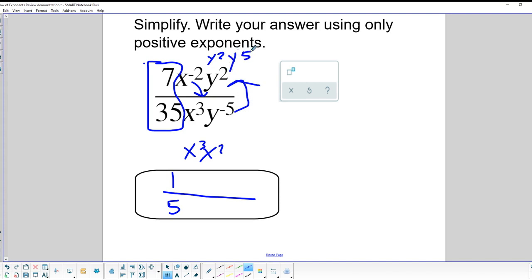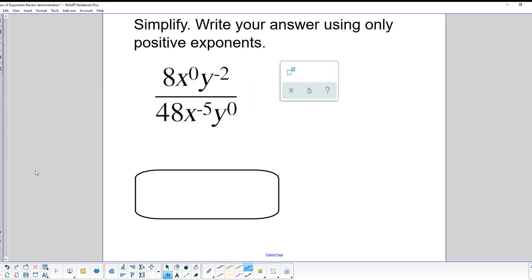So what does that look like down here? So we end up with y to the 2 plus 5, which is 7 power on top, and we end up with x to the 3 plus 2 power, or 5 power on the bottom, and that's going to be our simplified version of that algebraic fraction. So there you go.